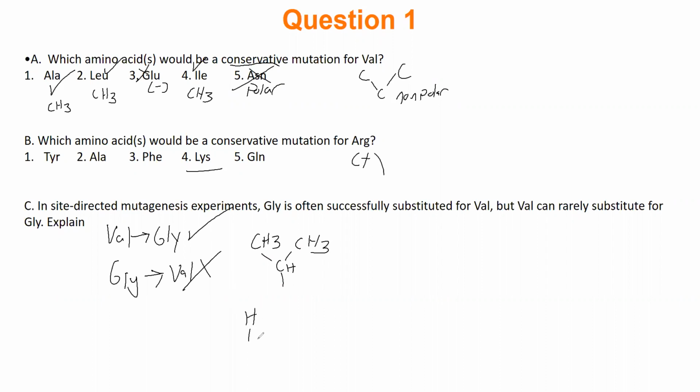Glycine just has a hydrogen, so it doesn't have hydrogen bonds either. They both can't hydrogen bond because they're both nonpolar, so that's actually okay. Chirality, yeah, glycine is achiral, but chirality in amino acids doesn't actually matter because everything is L.